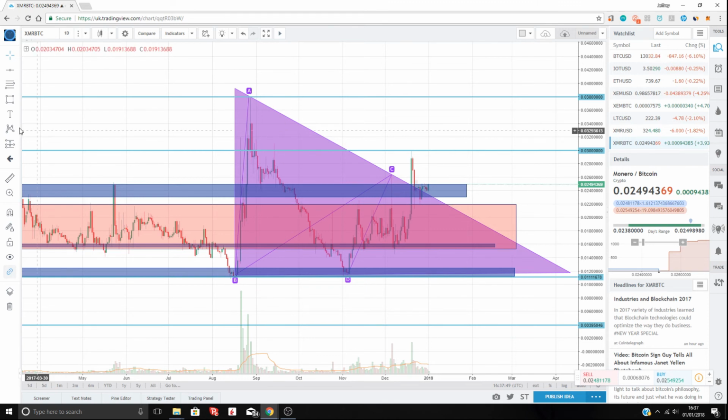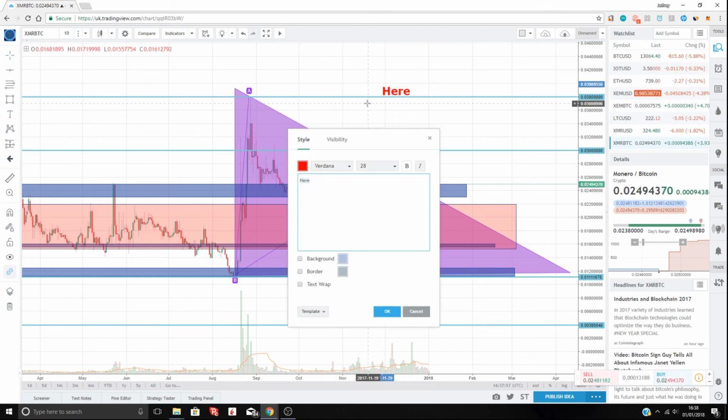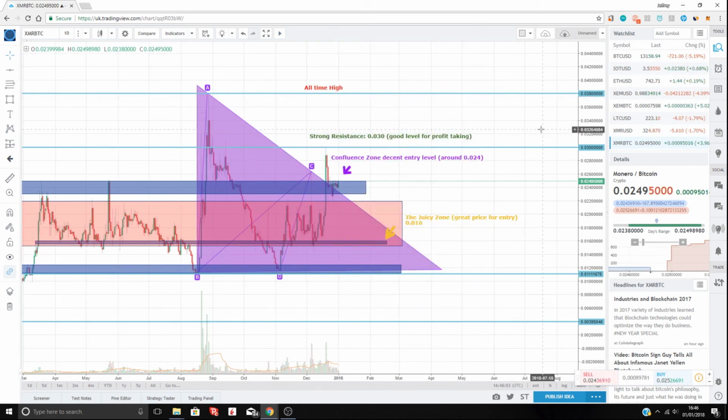So let me just get it out in text form so you guys can really see what I'm talking about. So yeah, written it out for you guys, so it's clear. All-time high up here, breaks up here, then who knows where it's going next. Probably some profit taken around here or just before there.